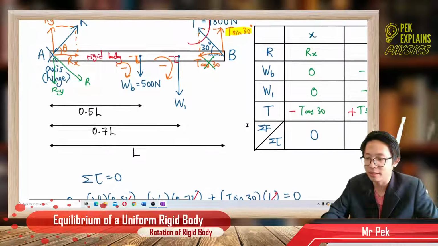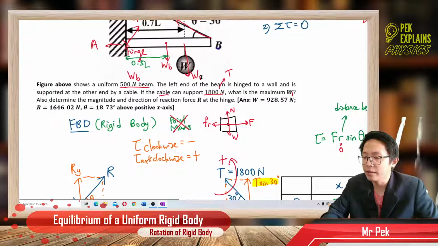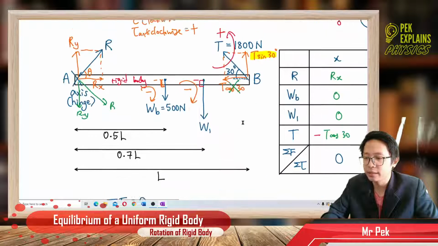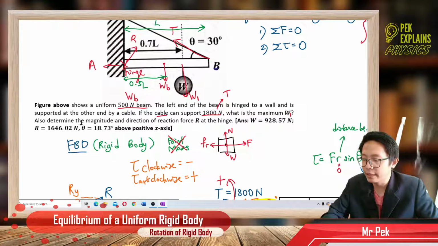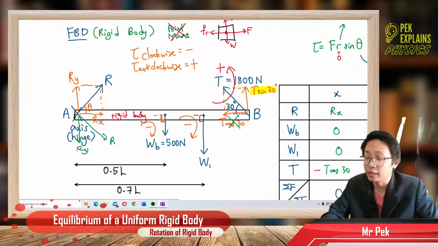Very easy, isn't it? Now I got the weight W1. Now I want to find the reaction force at the hinge, which is still unknown. So, how do we find it?